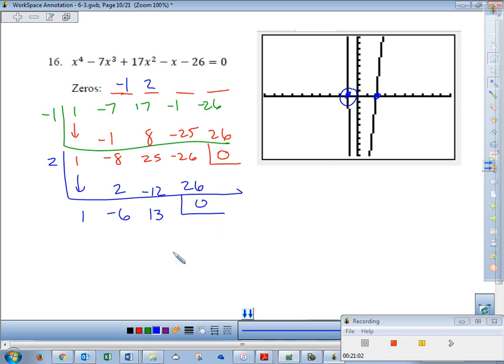Sweet. I want to make sure everyone's with me. This is x squared minus 6x plus 13. And you want to know where it equals 0. You're trying to find the roots.